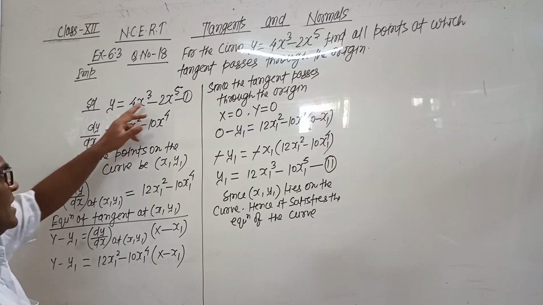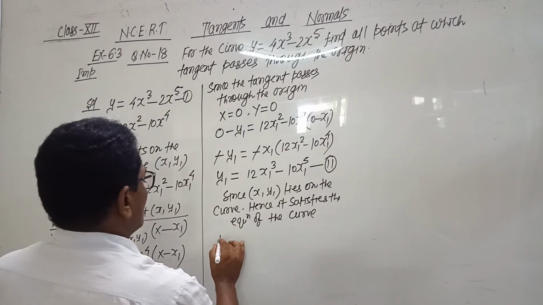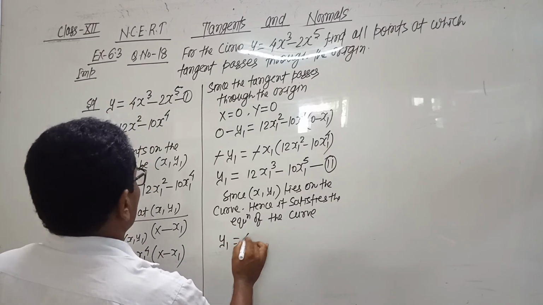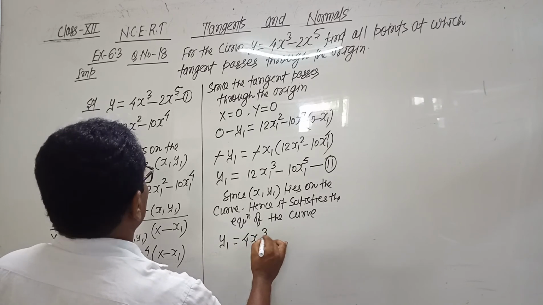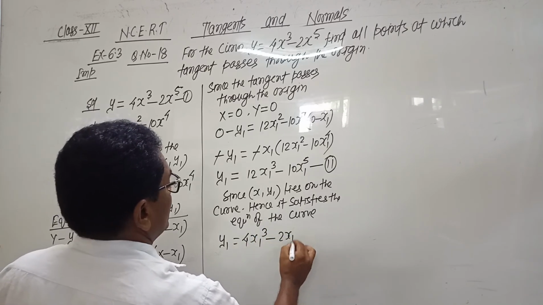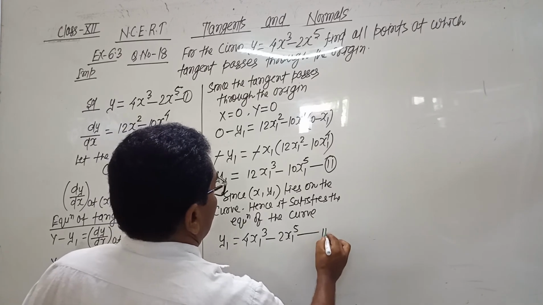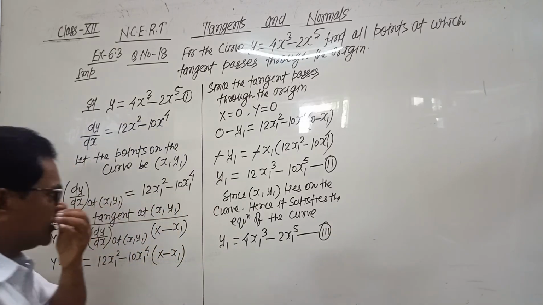So y1 equals 4x1 cube minus 2x1 raised to the power 5. Name it third equation.